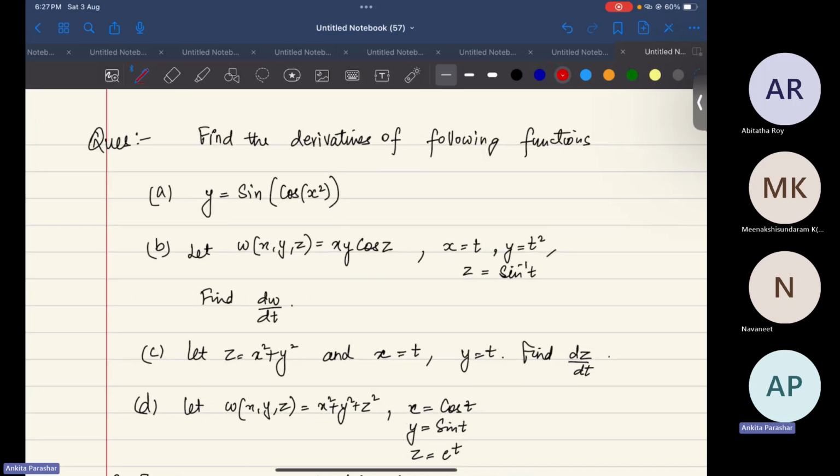Let's look at another function. W is a function of x, y, z, and x, y, z are functions of t. You have to finally find the derivative of w with respect to t. There are two ways to do it. Can you do it?